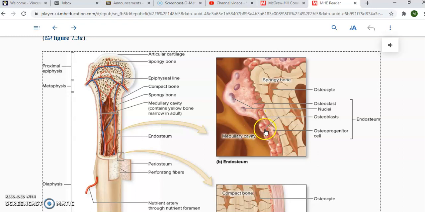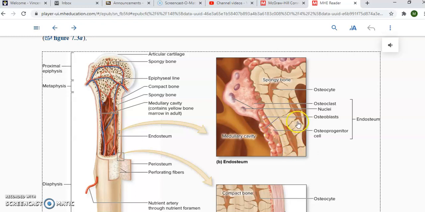Because the osteoblast secreted all that osteoid around it, and then the osteoid became calcified, because it became full of minerals and became hard, the little osteoblast is caught or trapped in what it secreted around it.